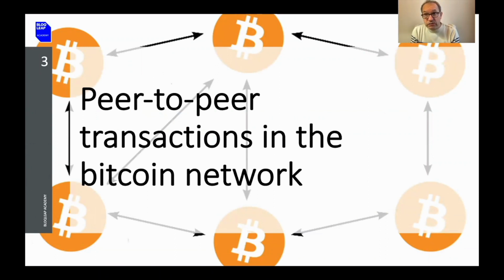I remind you, Bitcoin is a peer-to-peer transaction in the network, meaning that it's a distributed network. Every single piece of information exchanged in this ecosystem must be peer-to-peer.